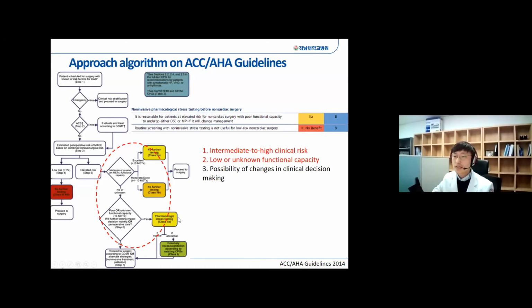And if the stress testing result is abnormal, then coronary revascularization can be considered according to the clinical guidelines, as I just showed on the previous slides.